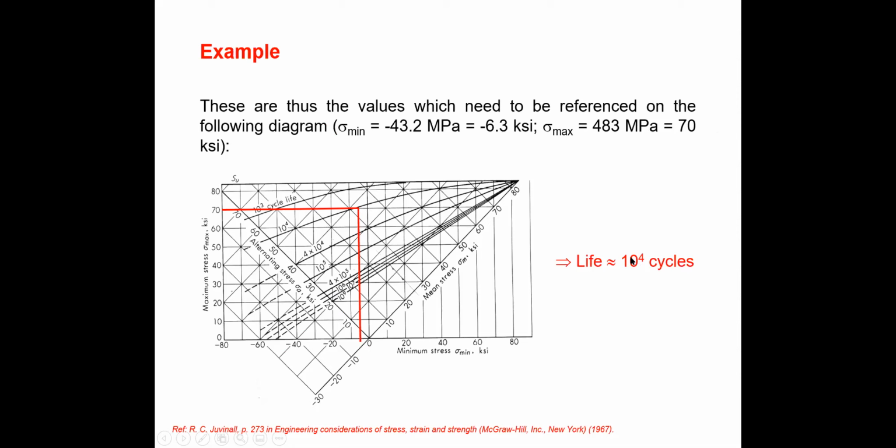Earlier it was, I don't remember the value, I think 4 times 10 to the 5 cycles. So now it's reduced to 10 to the power 4 cycles, because when we increase the magnitude of the alternating stress and mean stress, the number of cycles to break that particular specimen is reduced.